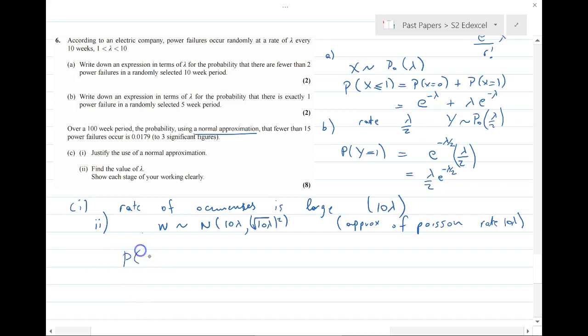They've told us a probability that Y is less than 15. Well, if we're using the approximation, that W actually means it's going to be less than or equal to 14. That's considering the original discrete distribution. But when we go to the normal distribution, we're going to use a continuity correction.